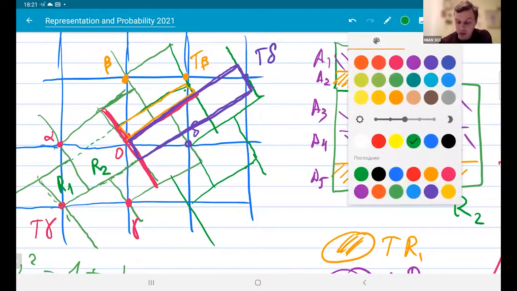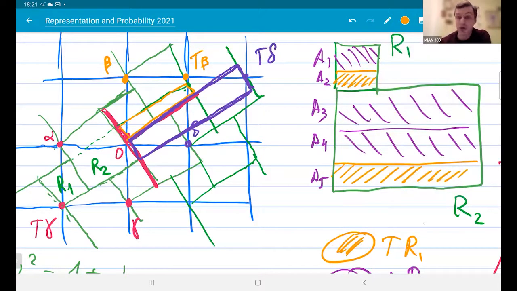So the image of R1 is this orange rectangle here, and we have seen that it starts here, and then it crosses this bottom part of R2.